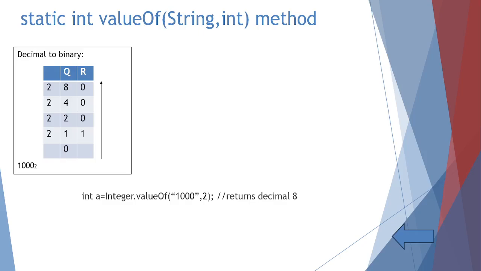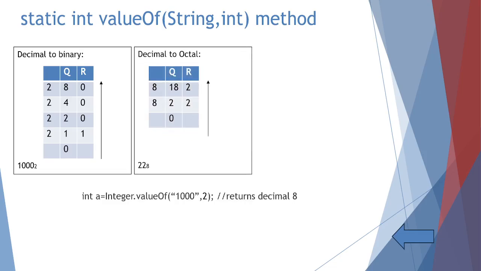Then immediately it understands that this binary number must be converted to decimal. So valueOf is a static method. Integer.valueOf, first parameter is a string based number, 1000 we are passing, comma 2, that means it is a binary number, and it returns a decimal number, that is 8, and int a stores this.